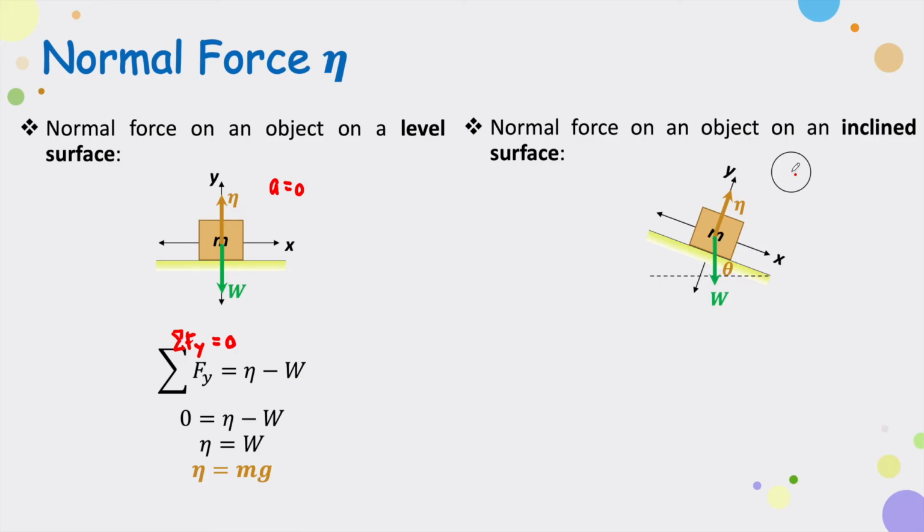Again, acceleration is equal to 0 and let's say the floor is frictionless. So we'll use Newton's first law: summation of forces along y is equal to 0. Take note that the vector weight, the gravitational force, has components along x and y. I forgot to mention that the angle of inclination is also equal to the angle from the negative y-axis to the weight. So this is also equal to theta.